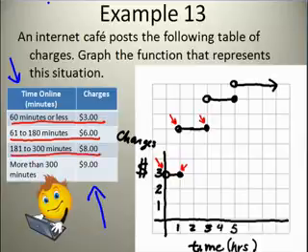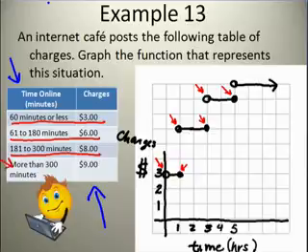180 minutes to 300 minutes is $8, and that's just over 3 hours, so I put an open point at 3 hours, indicating that 3 hours doesn't cost you $8, but it is a boundary point. And then I put a closed point at the 5 hours, because 300 minutes is 5 hours, and then again connecting the two with a line.